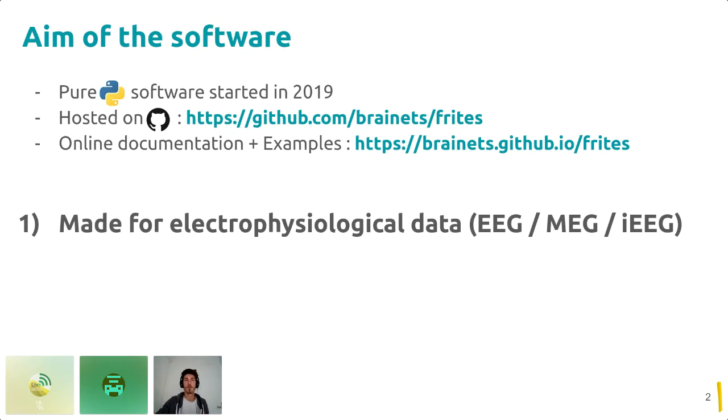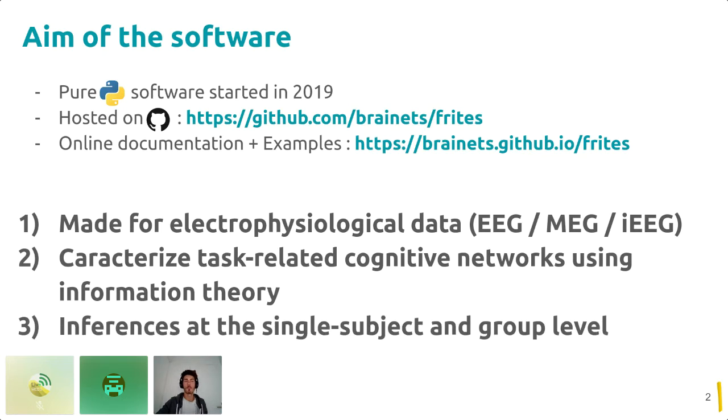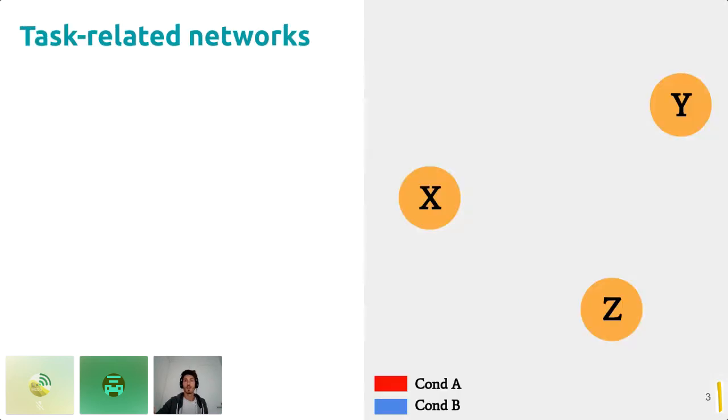The second key point is to be able to characterize and extract cognitive networks that are task-related, using the information theoretical framework. And the third key point is to be able to do inferences both at the single subject and at the group level.